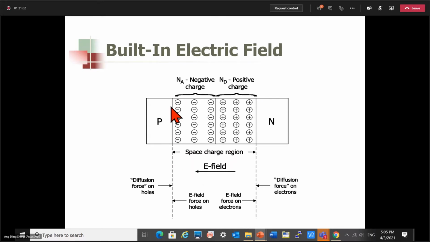So we assume the space charge region ends abruptly at these two boundaries. Again, this is an assumption because in reality, the space charge region changes gradually into the neutral semiconductor region. The transition is not abrupt; it's also gradual.